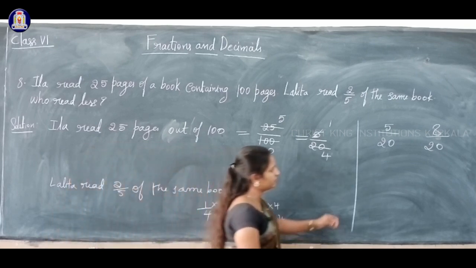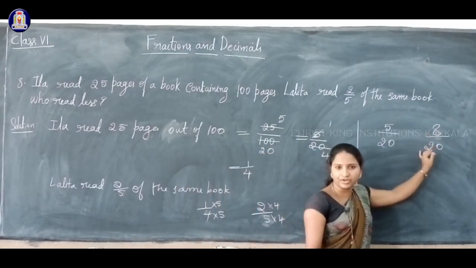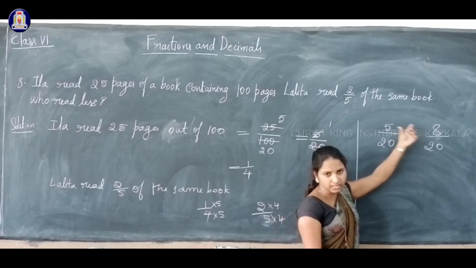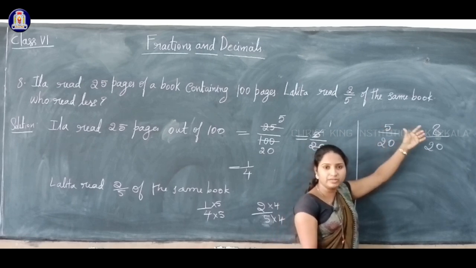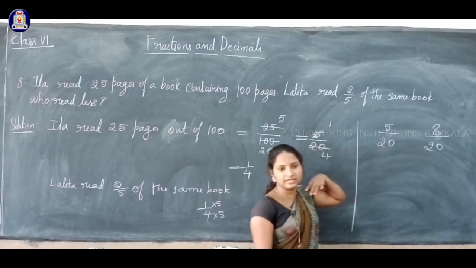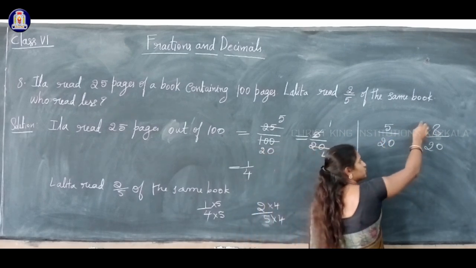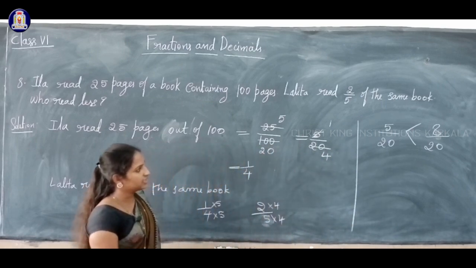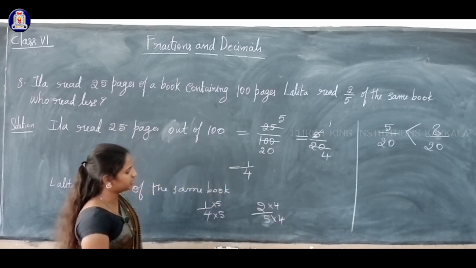So 5 by 20 and 8 by 20, denominator is same. Now you can compare the numerator. Numerator is 5 here, and here it is 8. Which is greater? 8 is greater, right? So 8 by 20 is greater than 5 by 20.